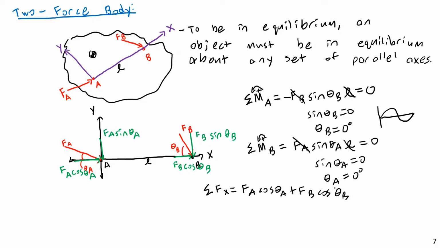But I know both these thetas are equal to 0, and that must equal 0. Which means both of these cosines are equal to 1. So basically, I have Fa plus Fb is equal to 0, or Fa equals negative Fb. So this is what I really wanted to get to. Fa equals negative Fb.